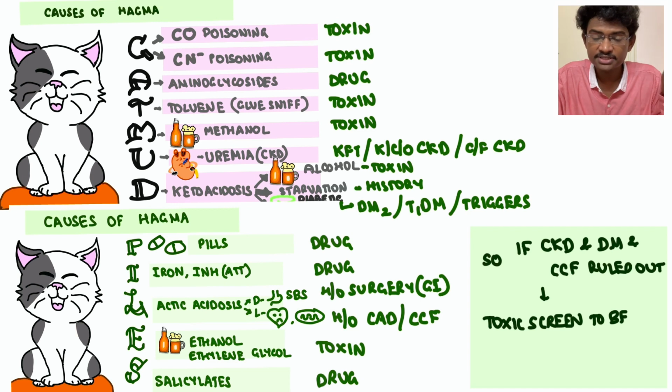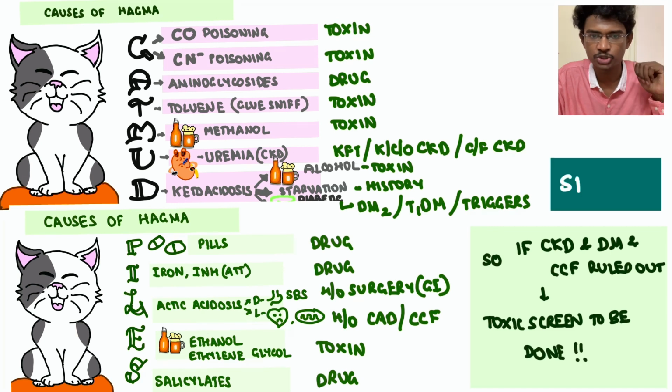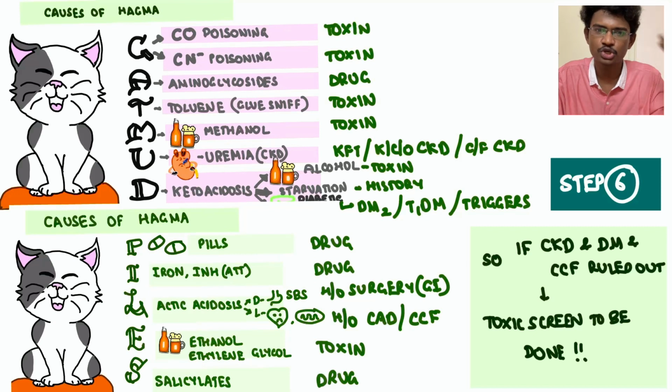L-lactic acidosis can be seen in congestive cardiac failure patients as well as mitochondrial disorders. If it is cardiac failure, look for clinical features and history of MI or coronary heart disease. Then all the remaining causes will be drugs or toxins, so run a toxic screen in such patients.